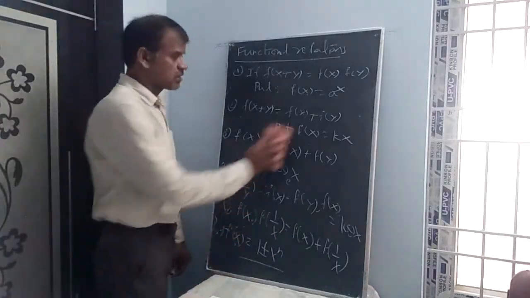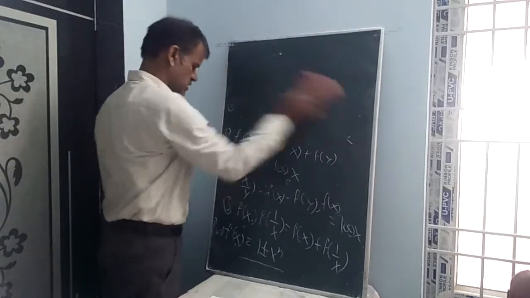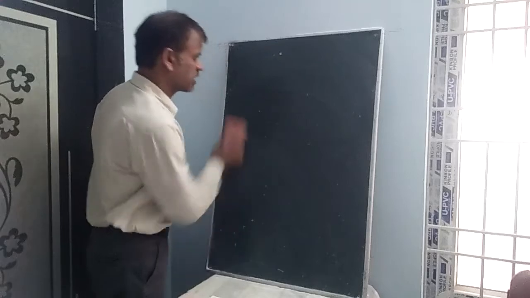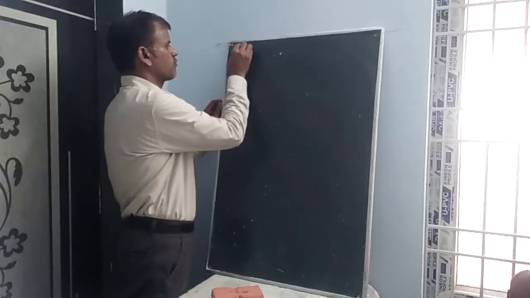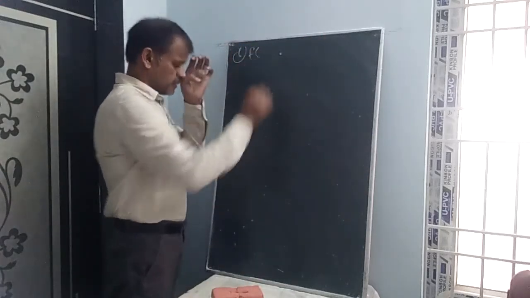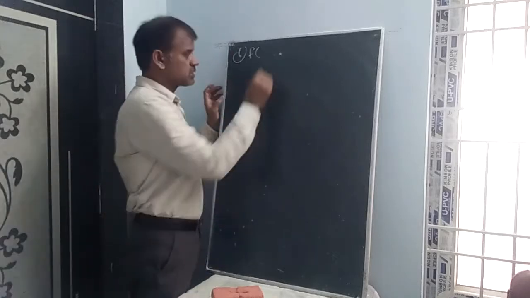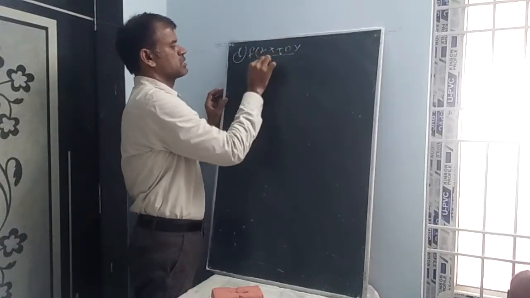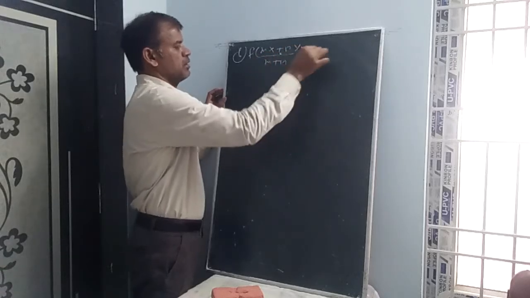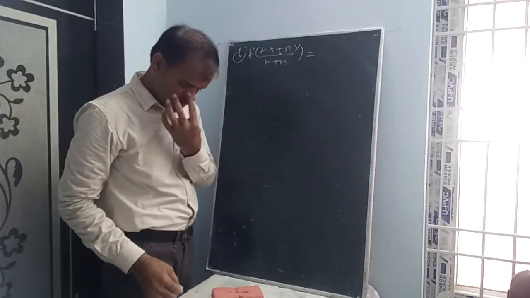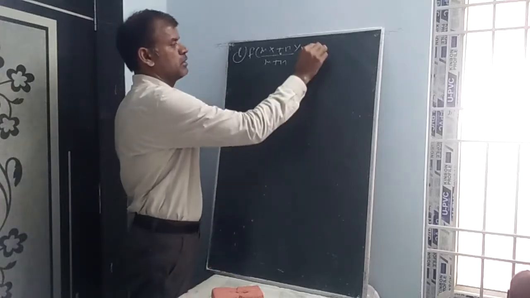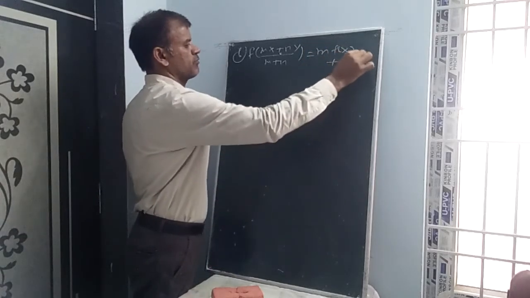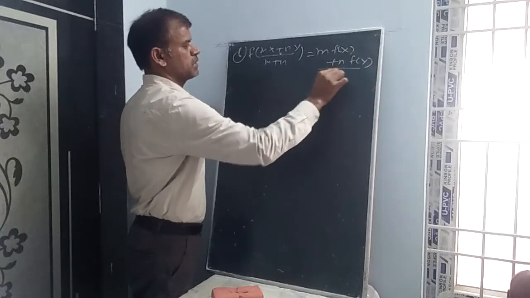Next, section formula. Using section formula concept, of course, this is also nothing but functional relation. Sixth one, f of mx plus ny by m plus n is equal to, according to the formula, m into f of x plus n into f of y whole by m plus n.